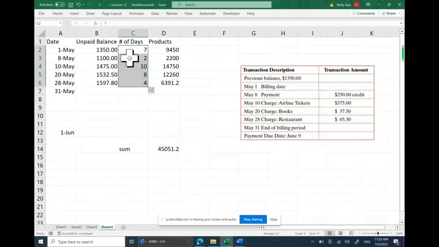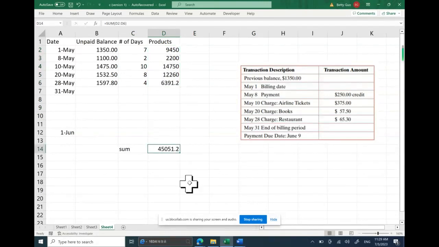Let's double check. 7 plus 2 plus 10 is 19. 19 plus 12, exactly 31 days. So if you add them all up, this sum is the total of the daily balances added together.